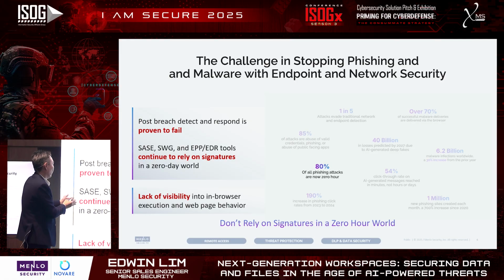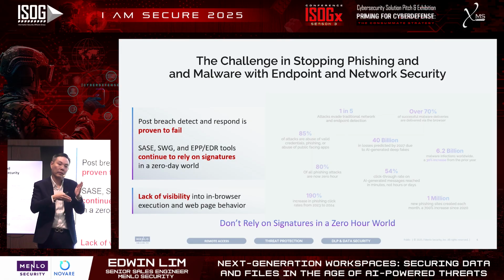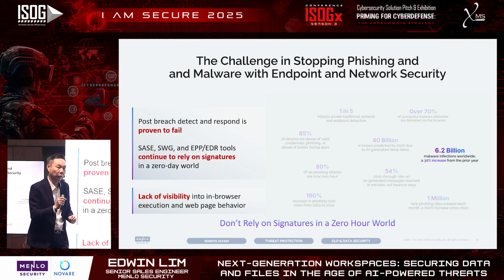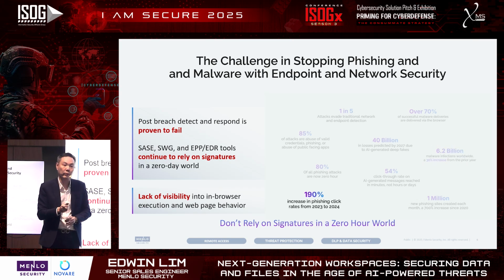If you can prevent it, why not do it at the early stage? Prevention is better than detection and cure. So this is what we focus on: zero trust network security and also file security.